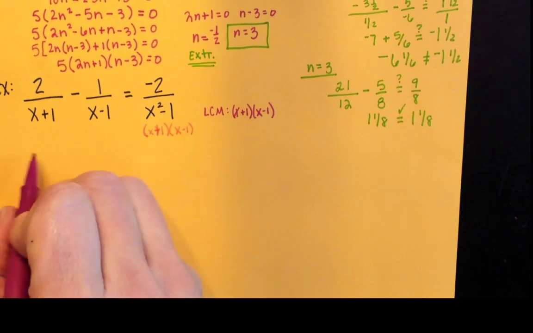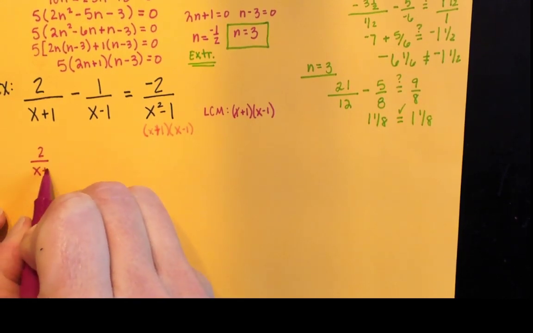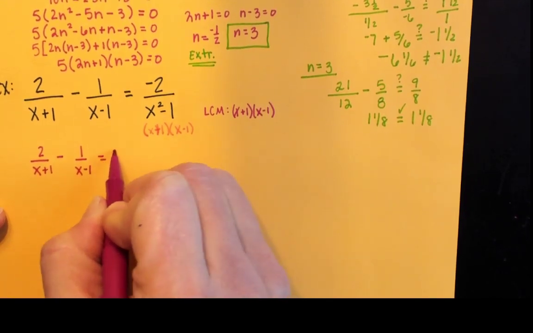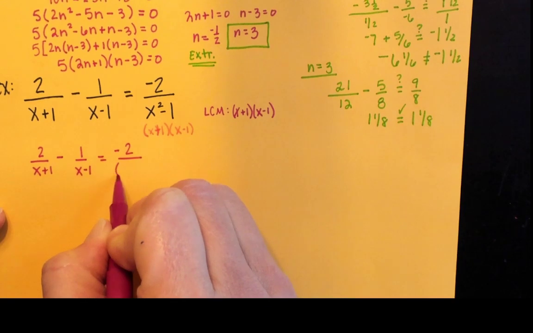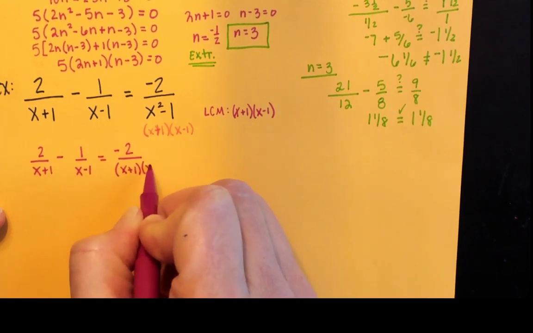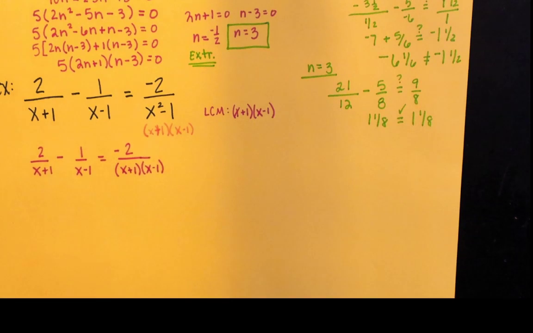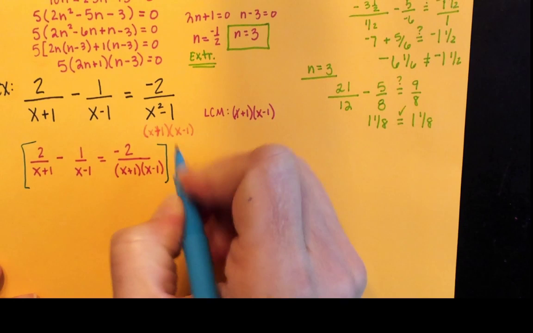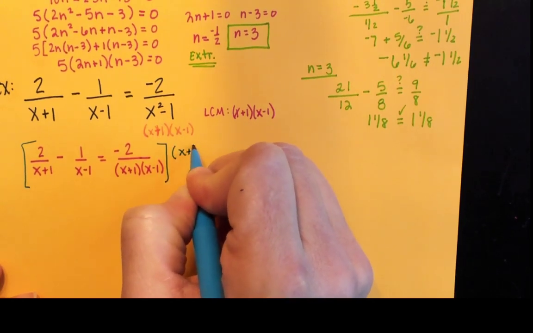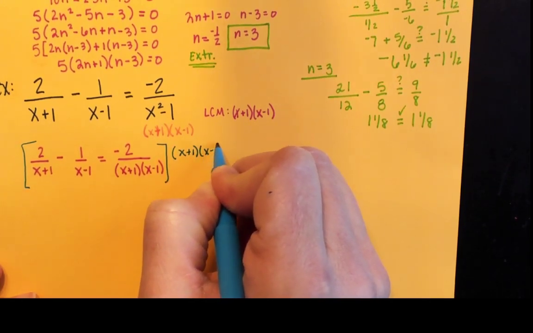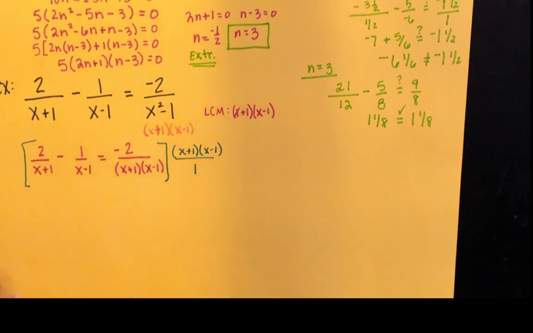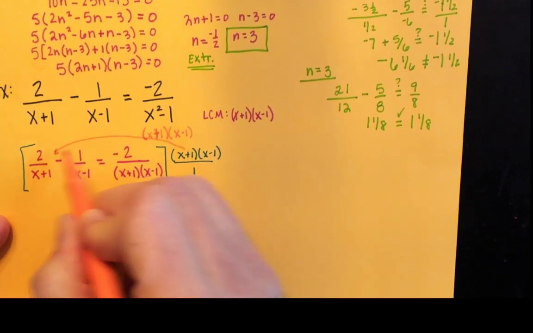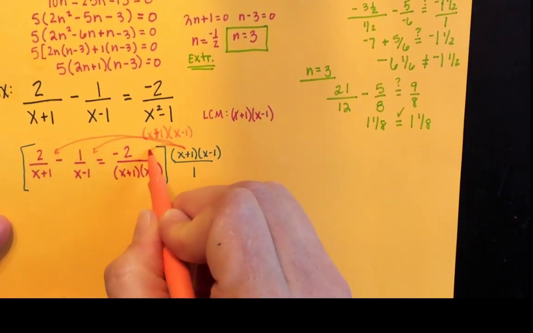So we have our 2 over x plus 1 minus 1 over x minus 1 equals negative 2 over, and I'm going to distribute through this whole thing that LCM, the x plus 1, the x minus 1, and it's going to go to each of them. And like I said, I'm not going to show the distribution this time.